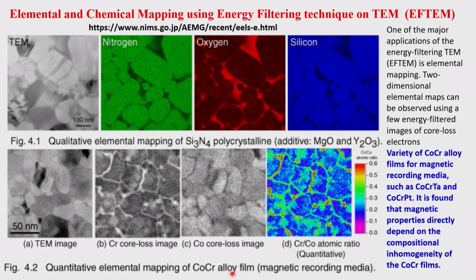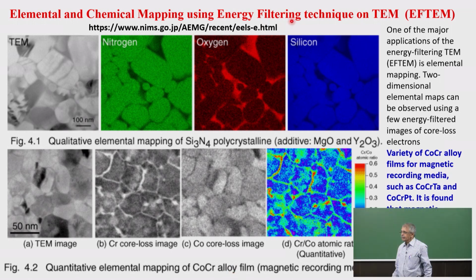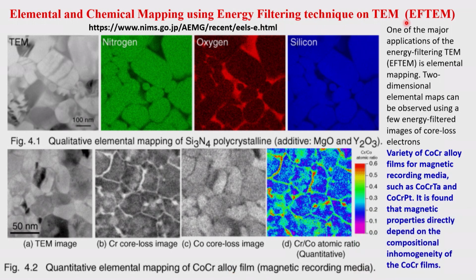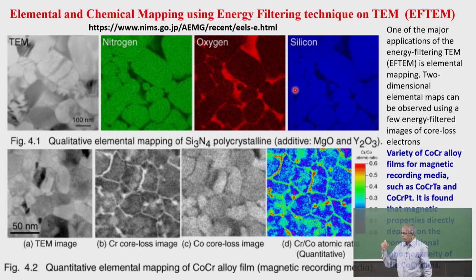That is what is shown here: the elemental and chemical mapping using the energy filtering technique. We don't need to worry about exactly what it means; it uses the energy of the electrons that are coming out. So it's called energy filtered TEM. It's the same TEM instrument with a slight modification. Now, please focus on this particular slide.